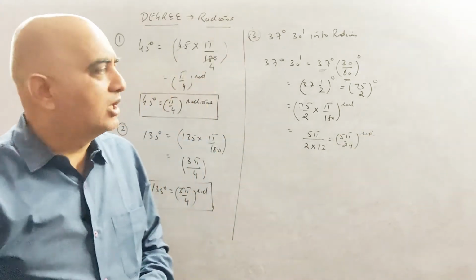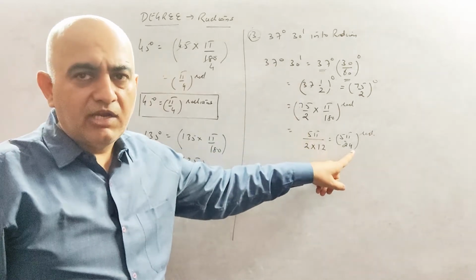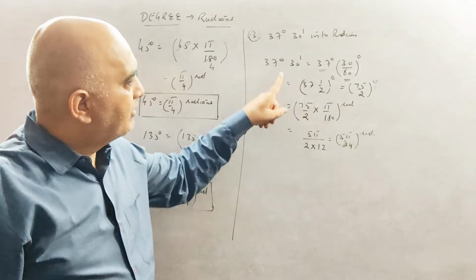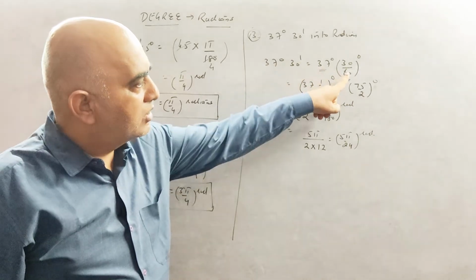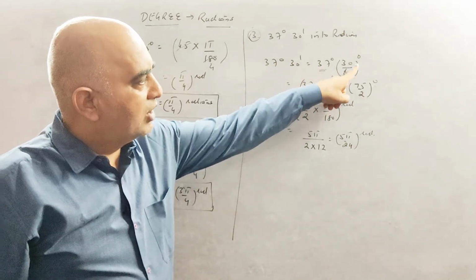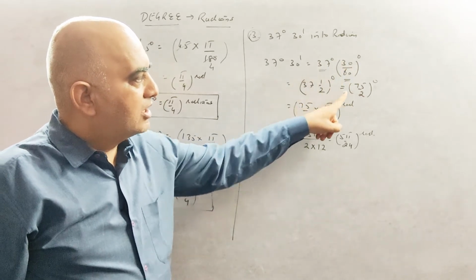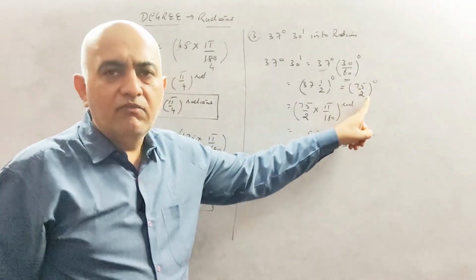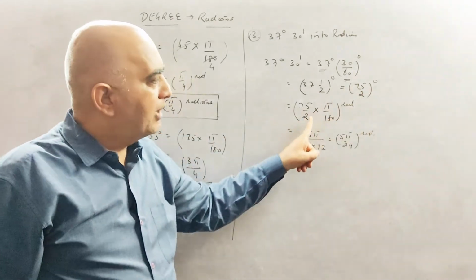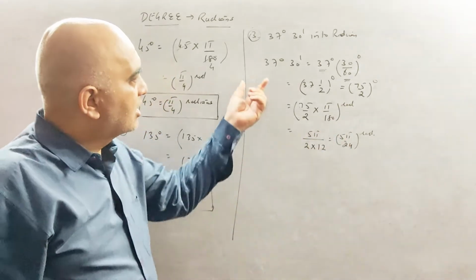So in this way, we can convert degrees and minutes into radians. Once again, first of all, 30 minutes is converted into degrees by dividing with 60, we obtain 1 by 2, and this is combined with 37, giving 75 upon 2 degrees, and then 75 upon 2 degrees multiplied with pi upon 180 gives the radian measurement.